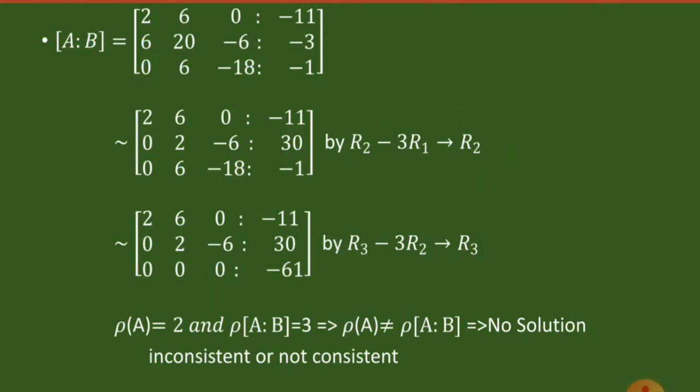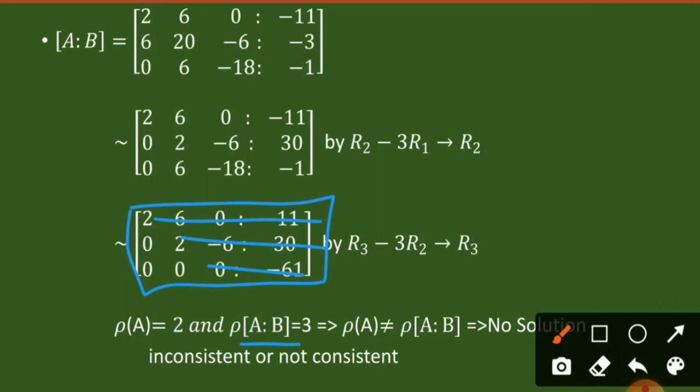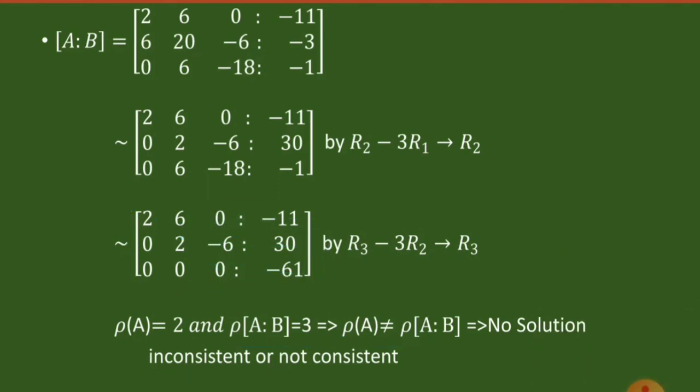If we check the rank of the full matrix, considering this as one matrix A double dot B, its rank is 3, because here we have 3 non-zero rows. So rank of A is 2, rank of A double dot B is 3. Both ranks are not equal, so this is the case of no solution, or we can say the equations are inconsistent. So this is the first question. We will discuss more about it in the coming lectures.